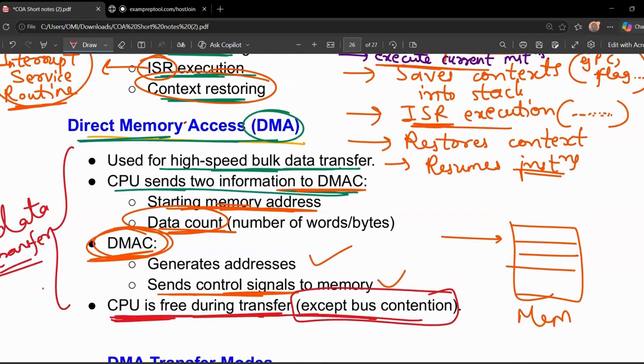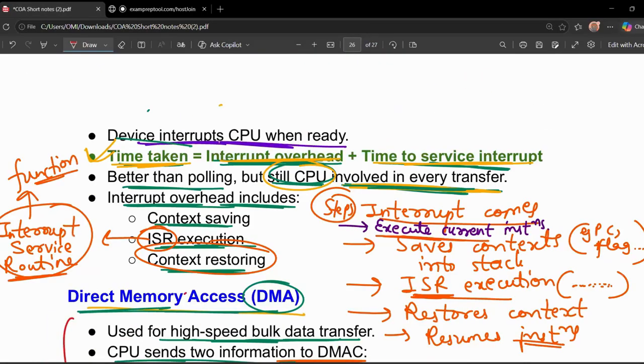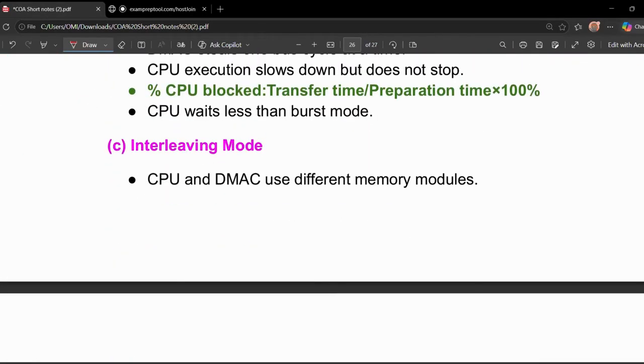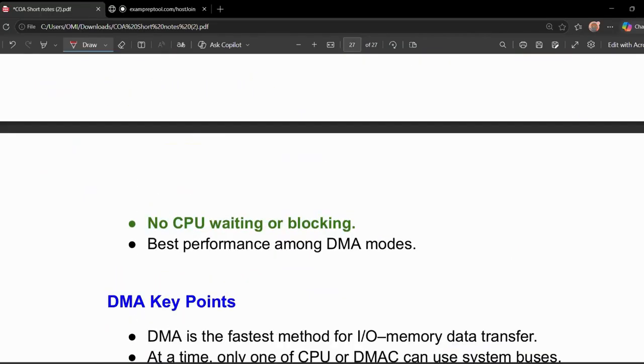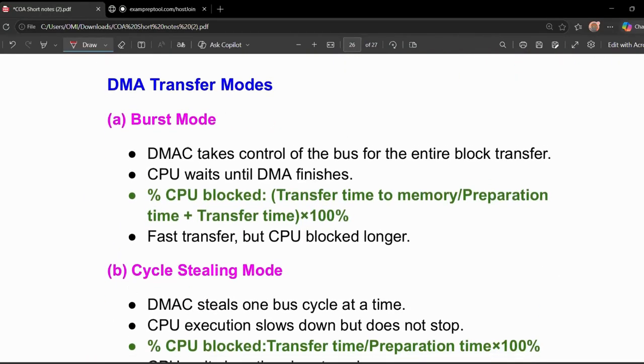So this is all about these three methods: programmed I/O, interrupt driven, and DMA. Now DMA also has three modes. What are the three modes?